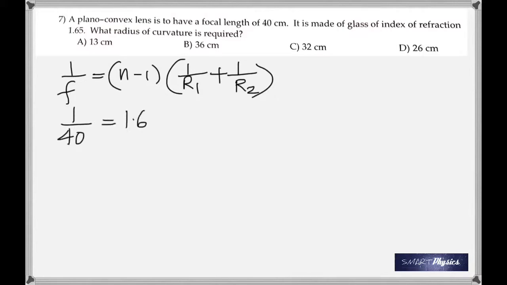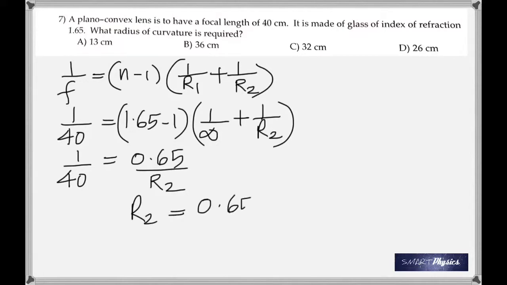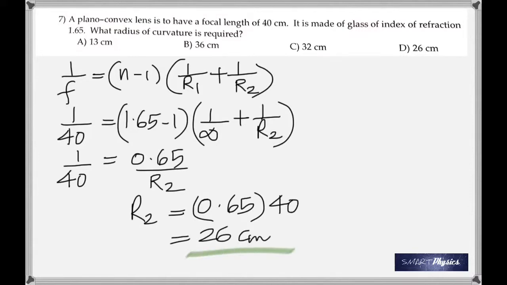F is 40, the refractive index is 1.65. Now 1 by infinity is 0 for the plane surface. And on calculation, R2 is 0.65 times 40, which is 26 centimeters.